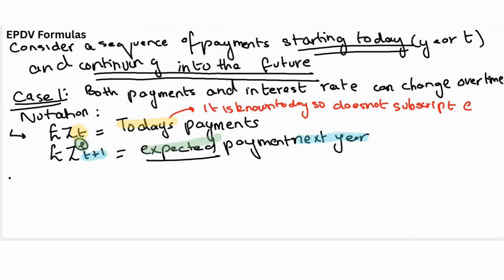So if we go back, then Z_E T plus 2 will represent the expected payment 2 years from today. So this is just a notation.